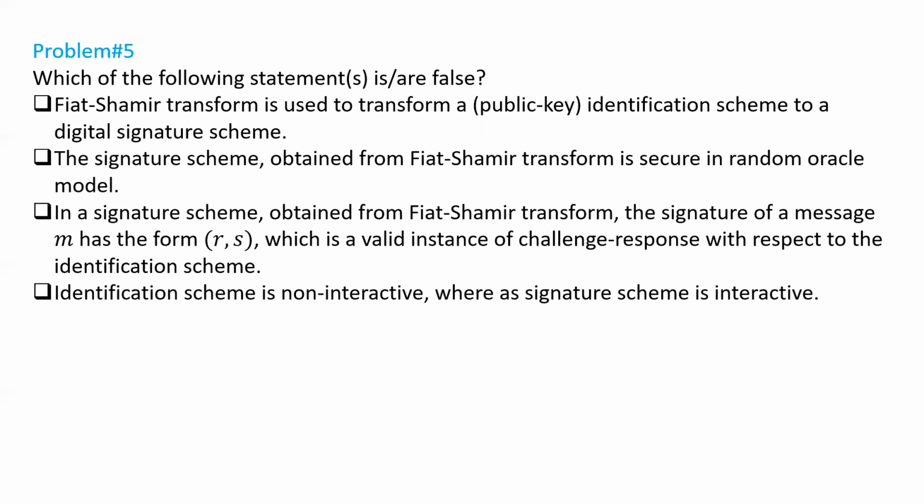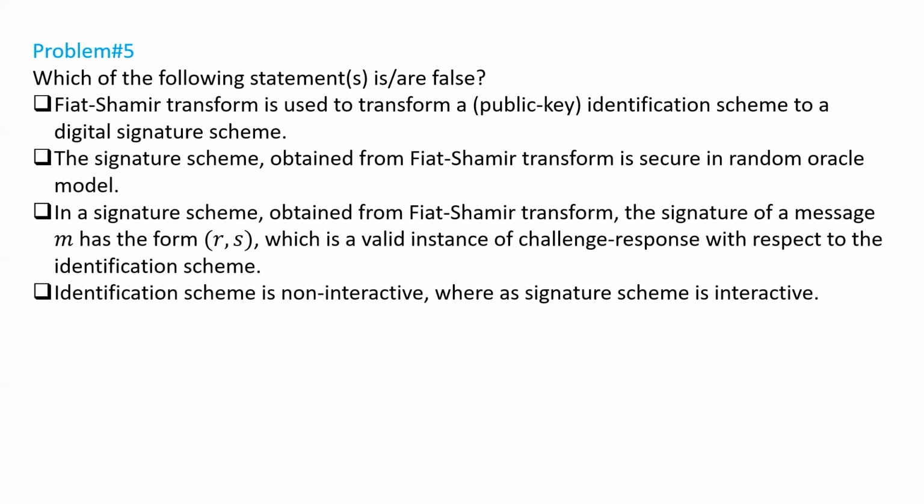Any verifier now comes and tries to verify the signature of message M. What it will do is, it has access to R and S, right? So using the verification key and the verification algorithm, it can compute the value of I, just similar to the identification scheme.